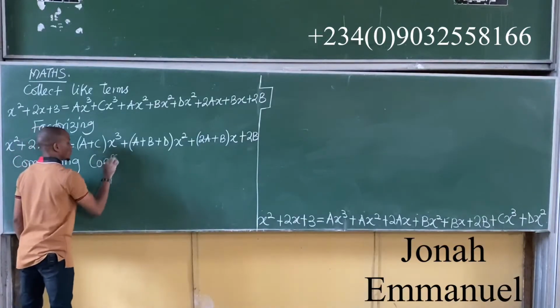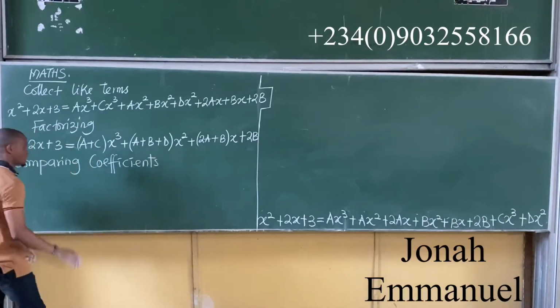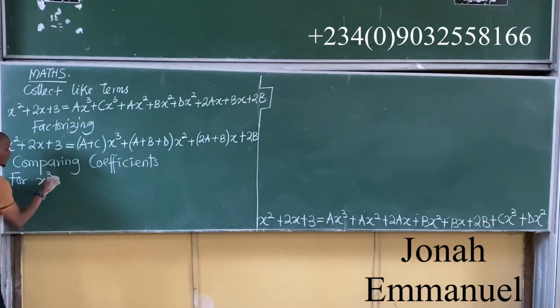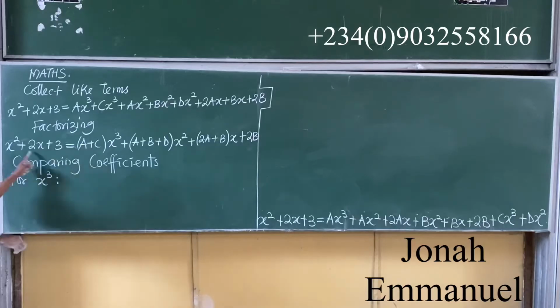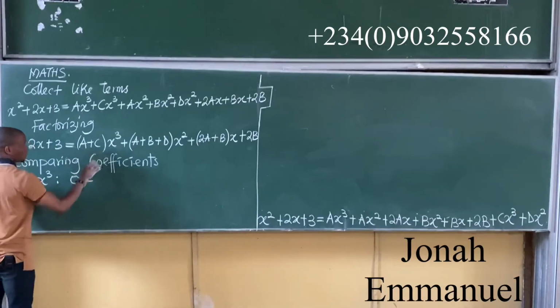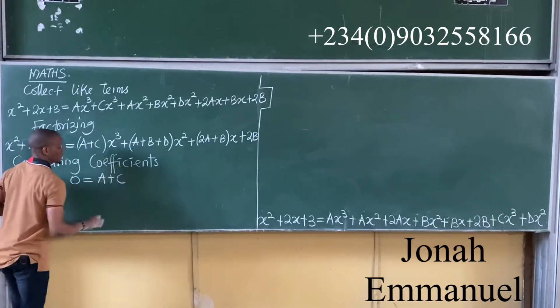At this point, you can see we are comparing coefficients. The highest power here is x cubed. For x cubed, there is no x cubed on the left, so 0 is equal to the coefficient here, a plus c.